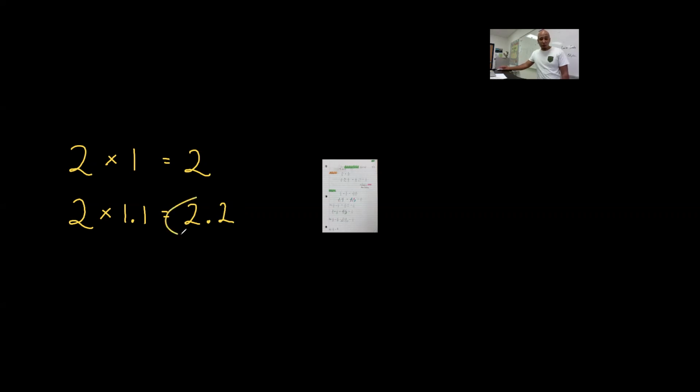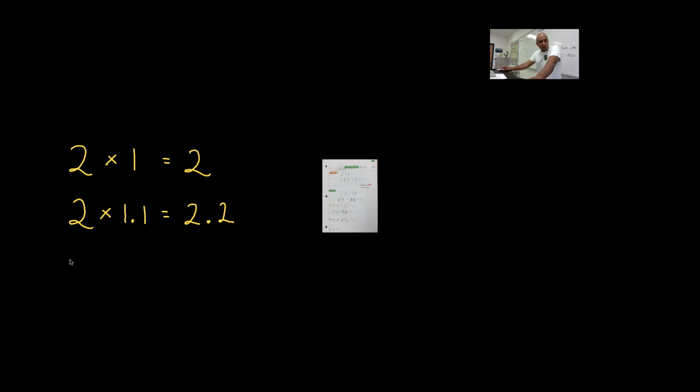Yes. 2.2, my product, is greater than the 2 that I started with when I multiply 2 by a number that is greater than 1. That is always going to be true, ladies and gentlemen. When you multiply a number by something that is greater than 1, even if it's only slightly greater than 1, your product will be greater than what you started with. It's almost like the 2 got bigger.